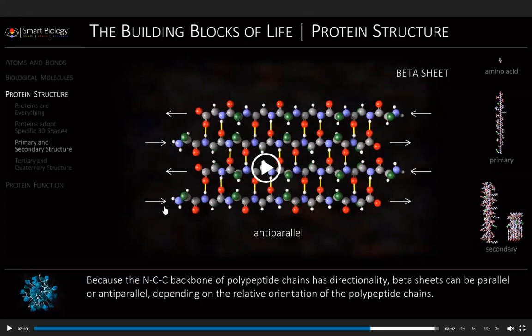This sort of parallel structure of any polymer gives it a very high amount of structural support, gives it strength. So beta sheets are generally insoluble.